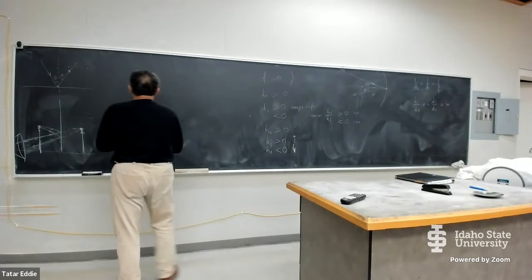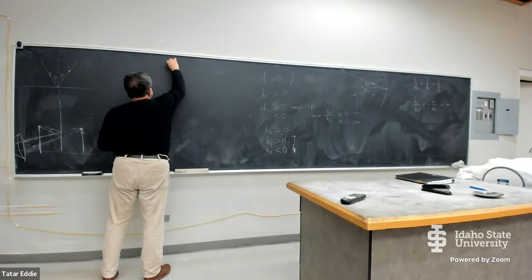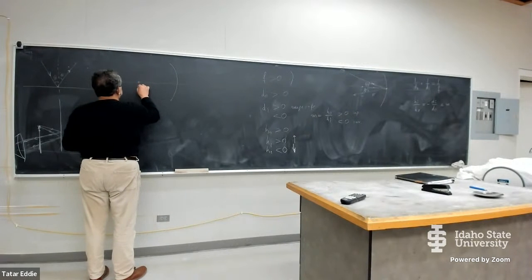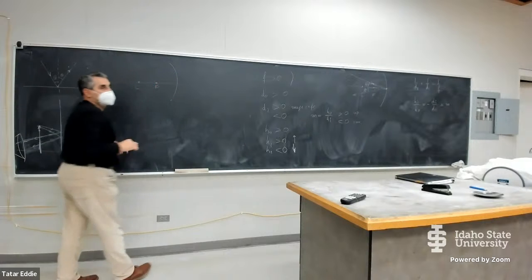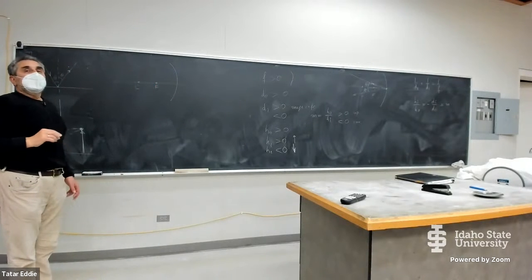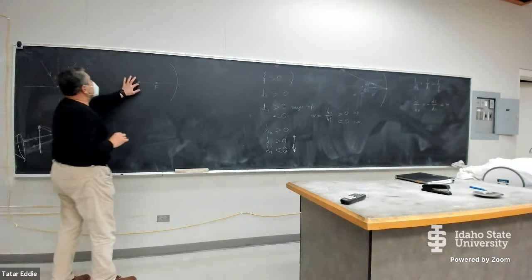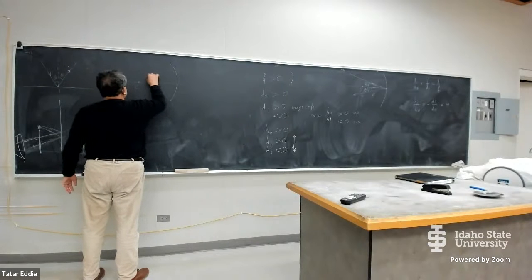So look at the following situation. Here is again the principal axis. Here is your concave mirror. The center of the mirror, let's say, is here. The focal point is right here. If you place the object between the center and the focal point, that's somewhere here, let's say.